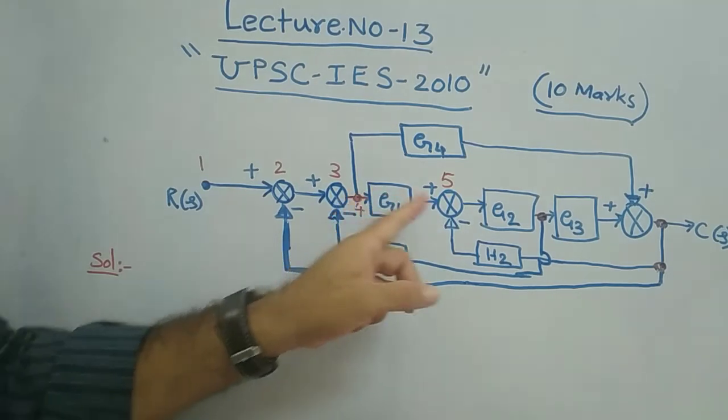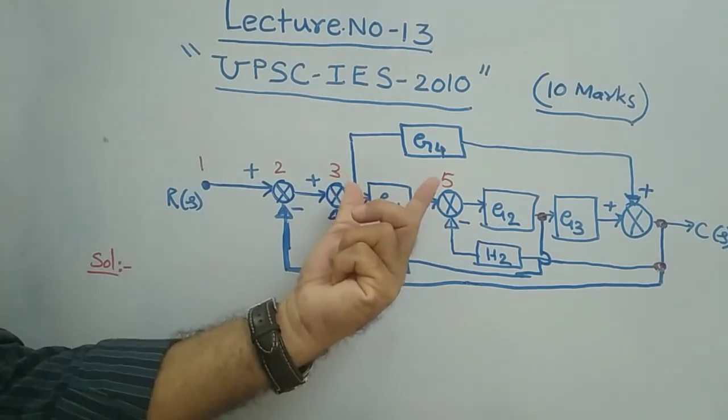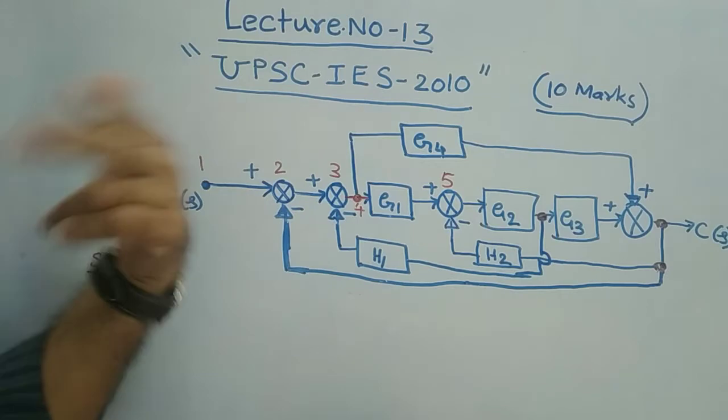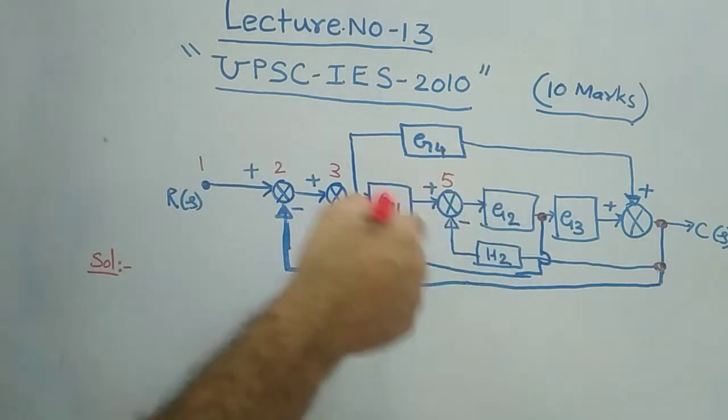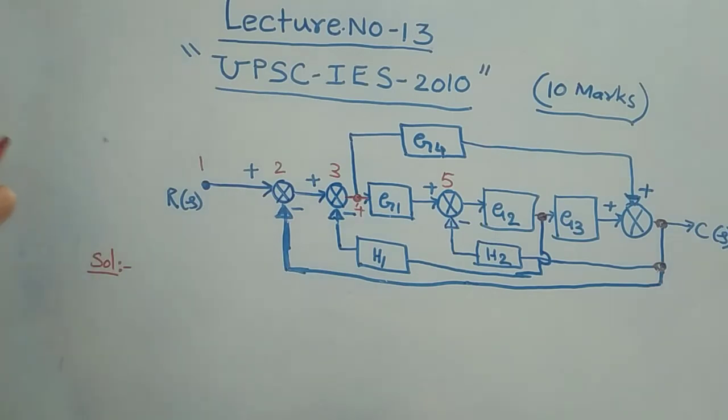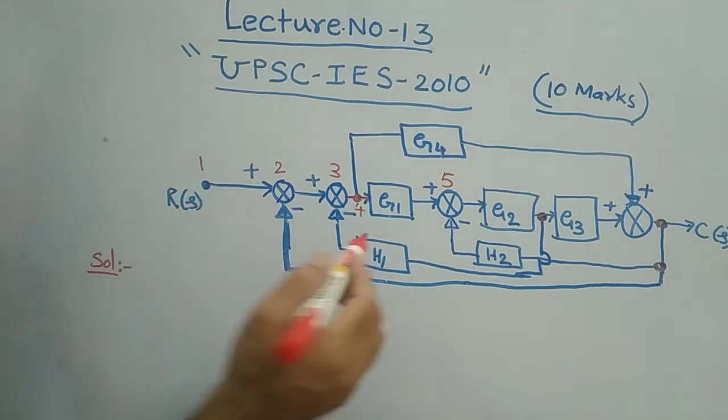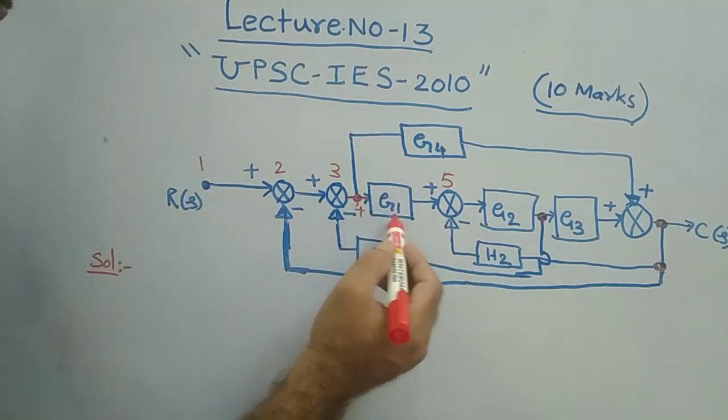So between 4 and 5 there is a path, and for that path, G1 is the available gain. Understood? Therefore G1, G2, G3 are the gains. Gains are gains only, not to be considered as nodes. Don't get confused at all.